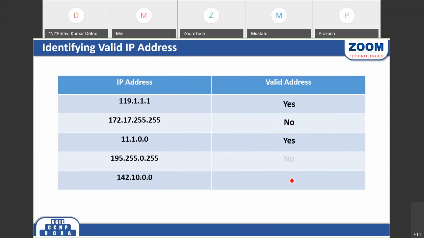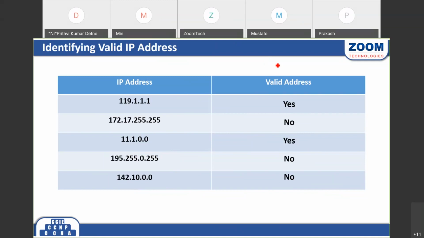So in real time also, we can easily find out which IP is a network ID, which IP is a broadcast ID, and which one is class A and which one is class B. All about these logics we now clearly understand. That's for today.